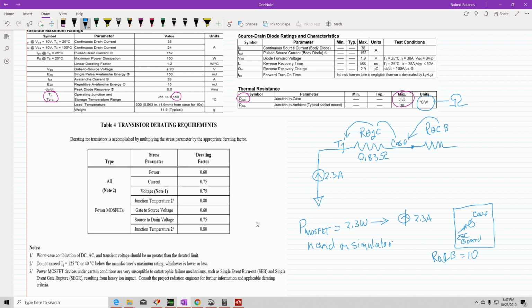In this configuration, the output should be 12 volts, and the temperature should not get anywhere near the 125 degrees.